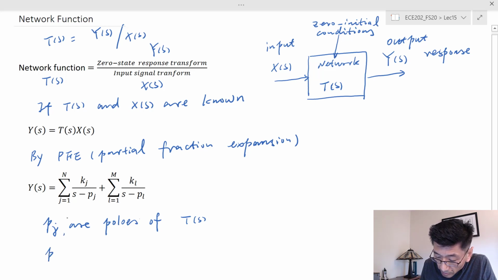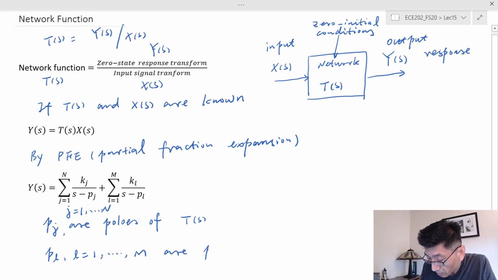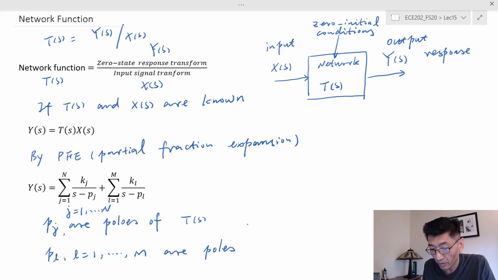Of course, here j equals 1 to n, and L equals 1 to m. This is a general discussion, just to see how useful the concept of the network function is.